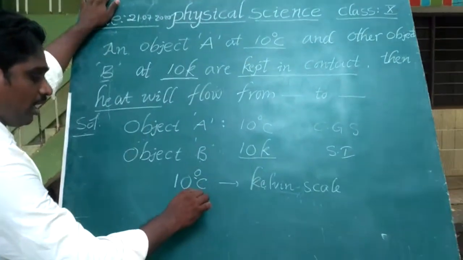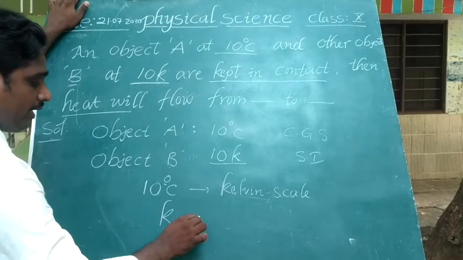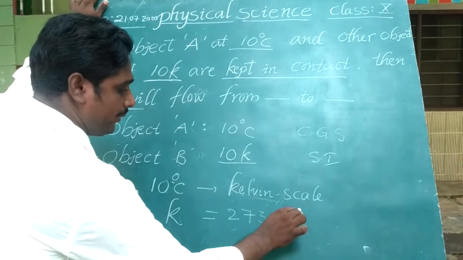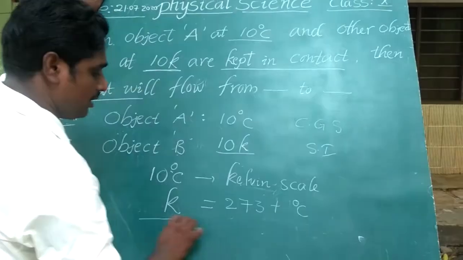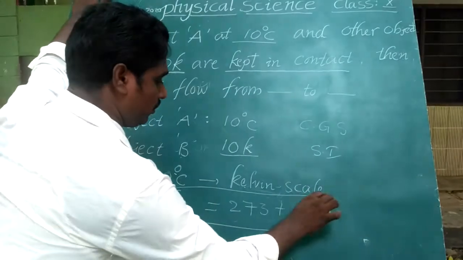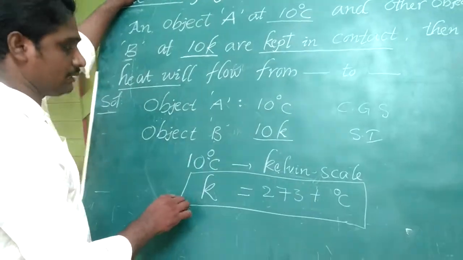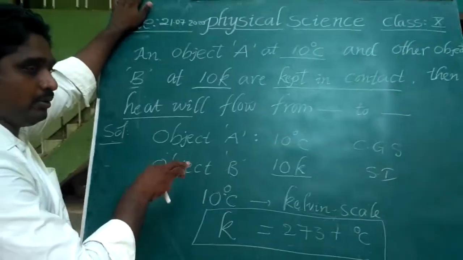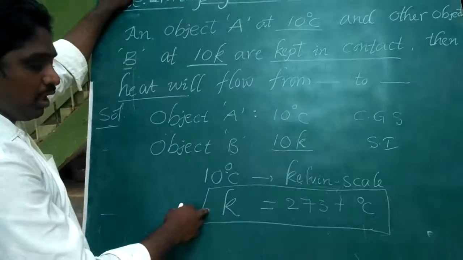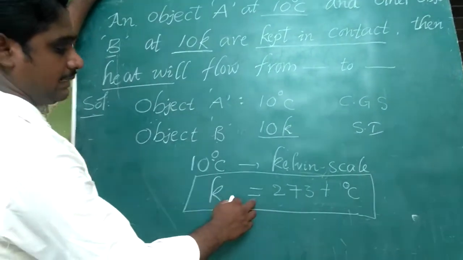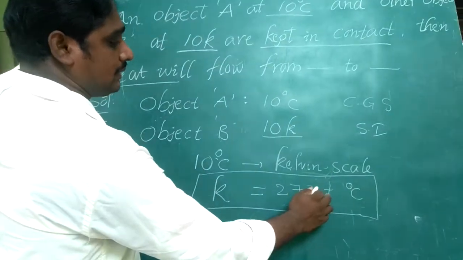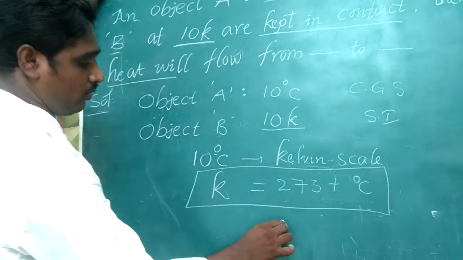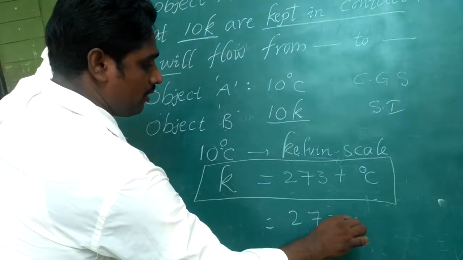We can use the formula: temperature in Kelvin is equal to 273 plus temperature in degrees Celsius.